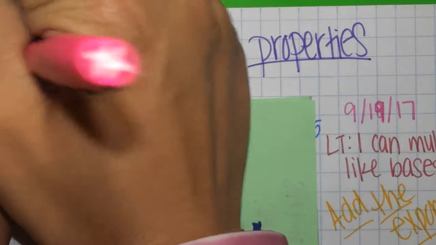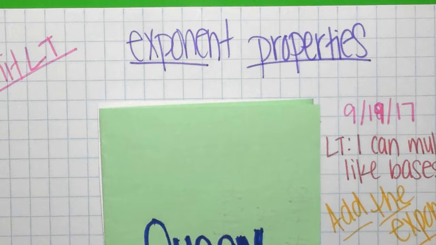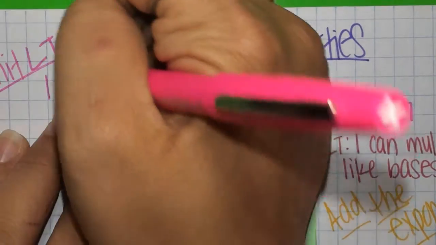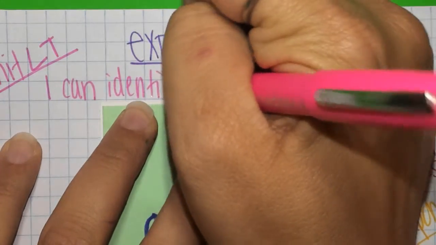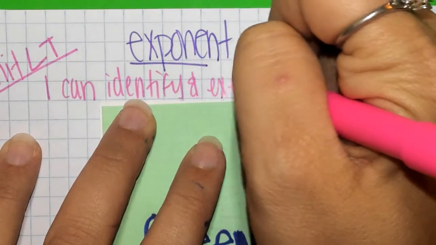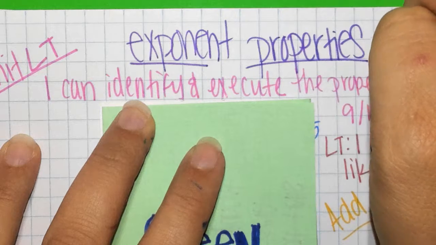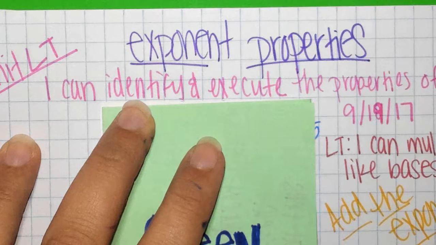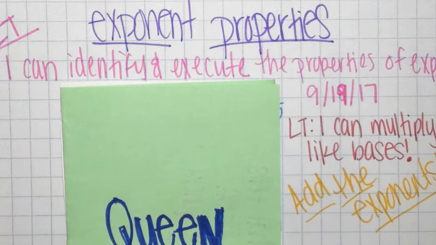I want you to write unit LT: I can identify and execute the properties of exponents.